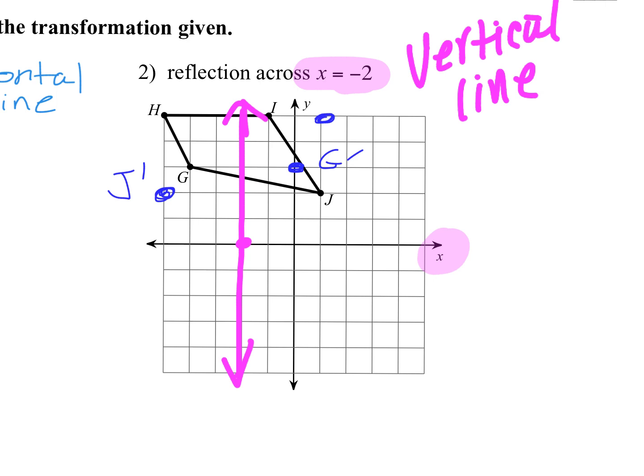Did I get that in the right place? 1, 2, 3, 1, 2, yeah, okay. And last but not least, I was 1 space to the right, which means that it is now going to be 1 space to the left for I prime.